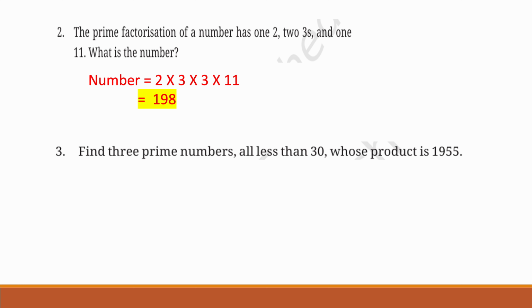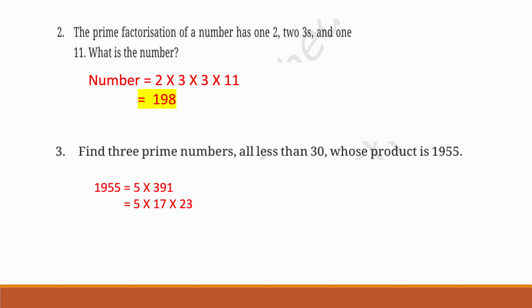Next one, find 3 prime numbers, all less than 30, whose product is 1955. So 1955 we can prime factorize as 1955 is equal to 5 into 391.